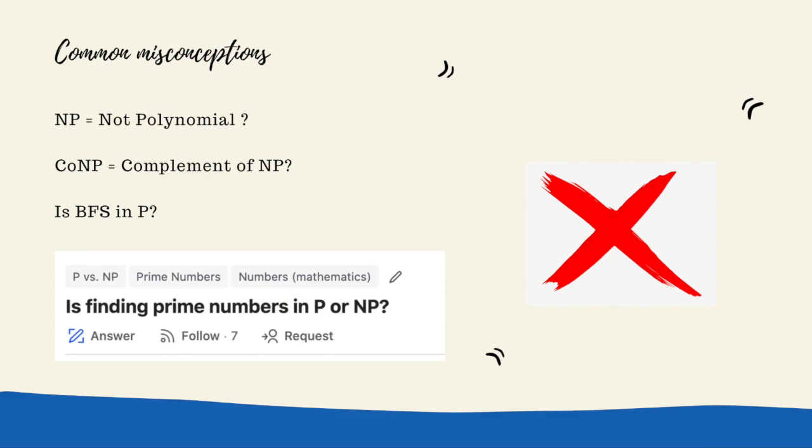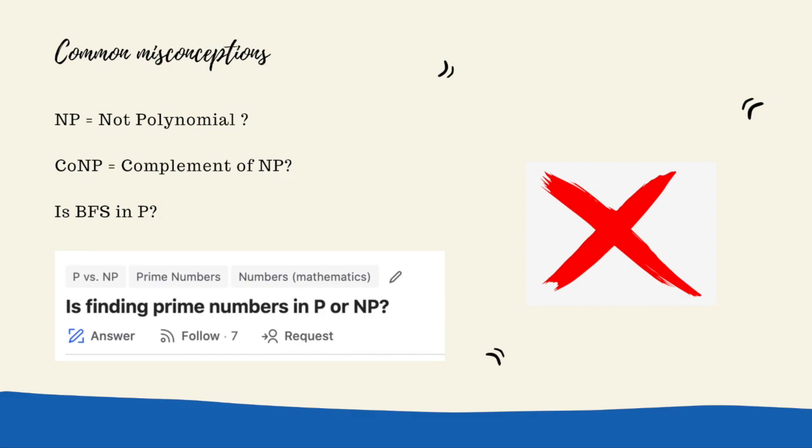Again, this is not right. This is ambiguous because, one, finding prime numbers is not a decision problem. Asking if x is prime is a valid decision problem, and that can be found to be in P or NP.